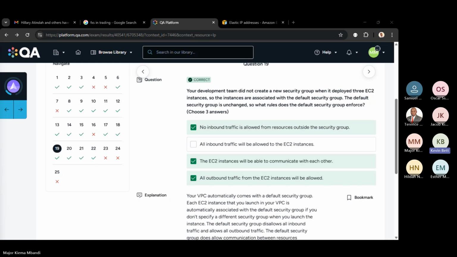I think the correct answers there are: no inbound traffic is allowed from resources outside the security group; the EC2 instances will be able to communicate with each other; and finally, all outbound traffic from the EC2 instances will be allowed. So the incorrect answer there being all inbound traffic will be allowed to the EC2 instances. I think that answers what we just discussed a few minutes ago.